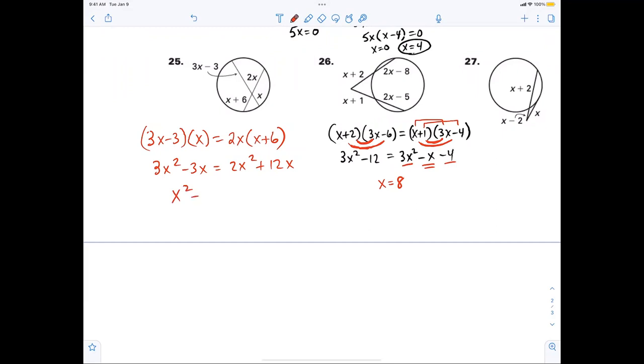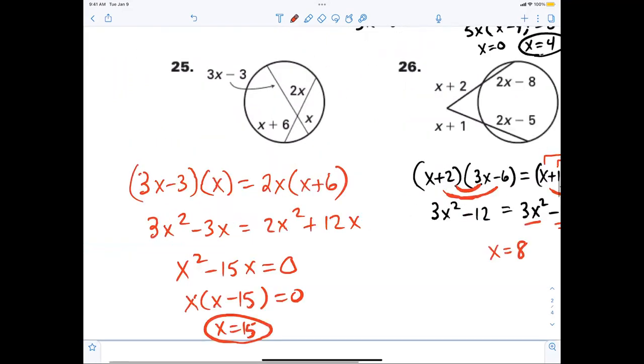X squared minus 15x equals 0. Is everybody with me on this? GCF is what? Is it possible for x to be 0? No. So x must have been what? 15.